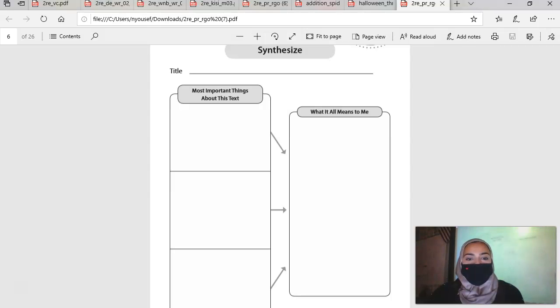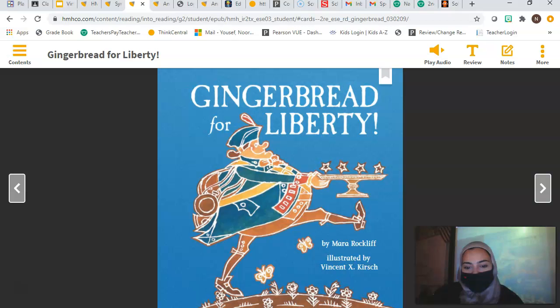As we are reading, we're going to write the most important things about the story, and then we're going to put those together to write in our own words what it means to me. Okay? All right. Let's go ahead and get started. Gingerbread for Liberty by Mara Rockcliffe, illustrated by Vincent X. Kirsch.